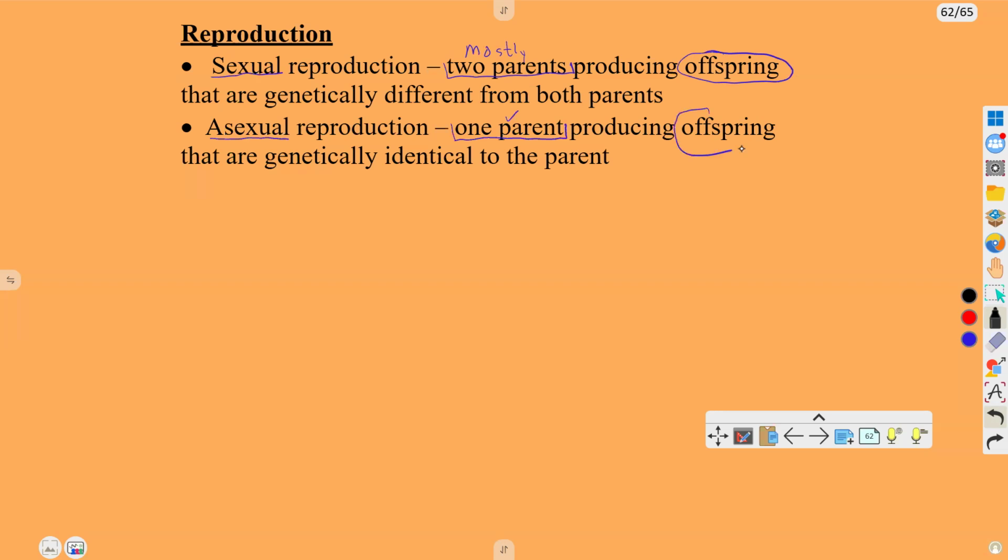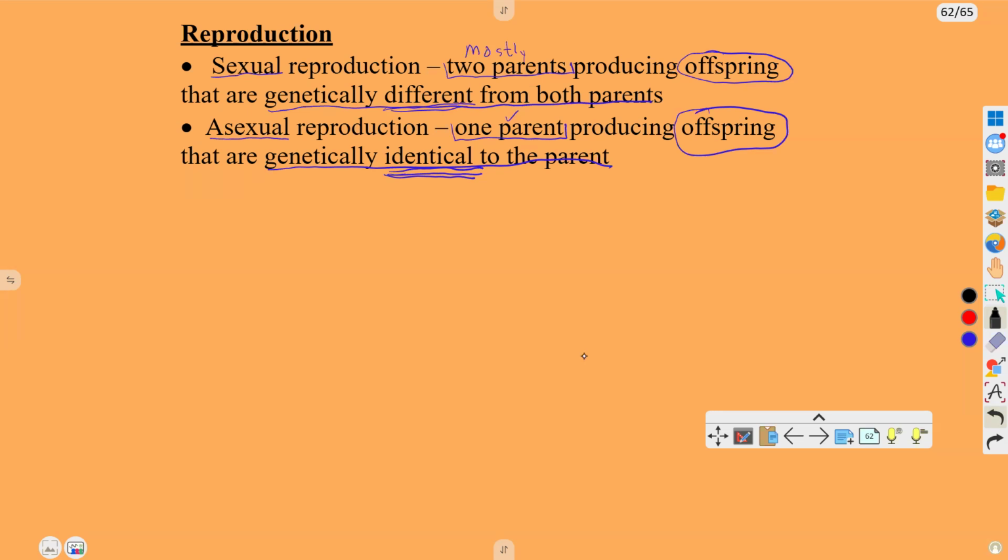In the case of sexual reproduction, the offspring are genetically different from both parents. That's the key word there. They're genetically different. Whereas asexual reproduction means we have offspring that are genetically identical to the parent.